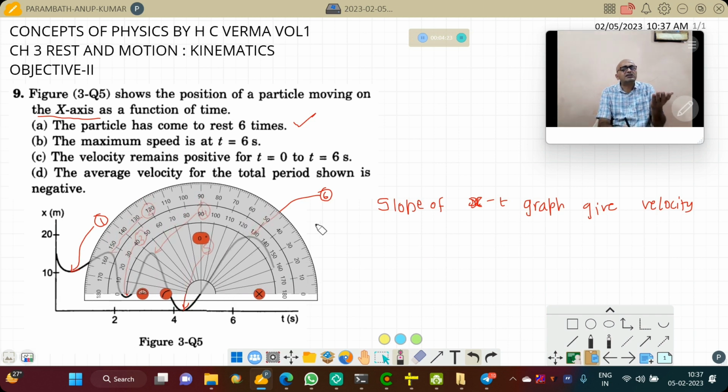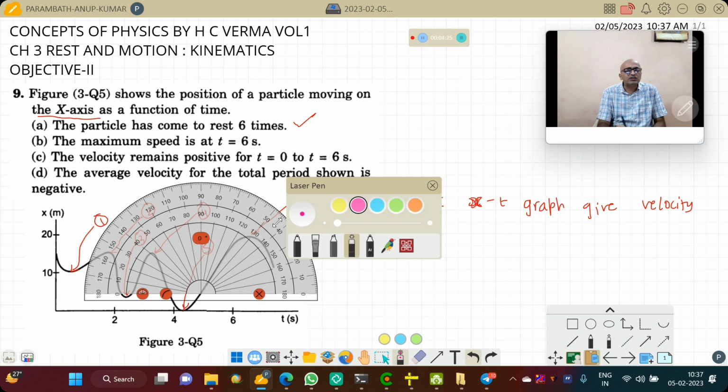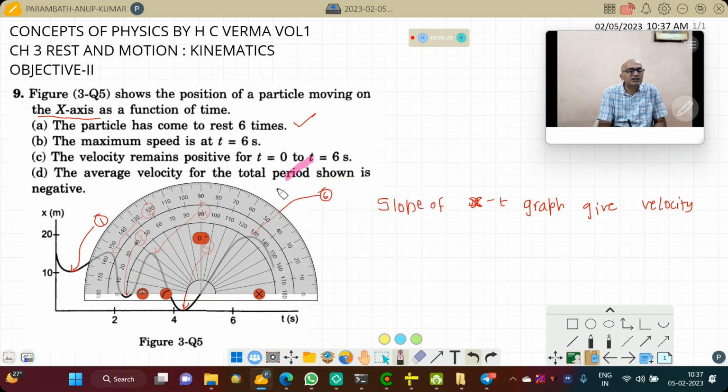We are seeing that it is almost 60 degrees. Are you able to see that, students? 60 degrees in the protractor.